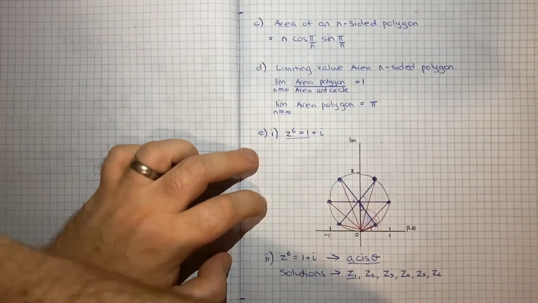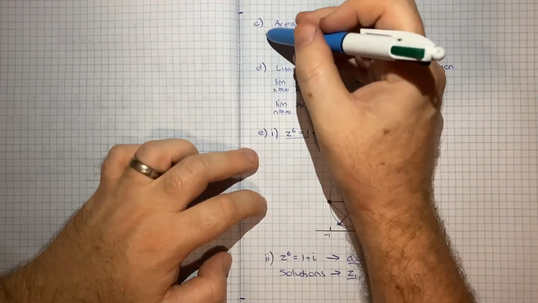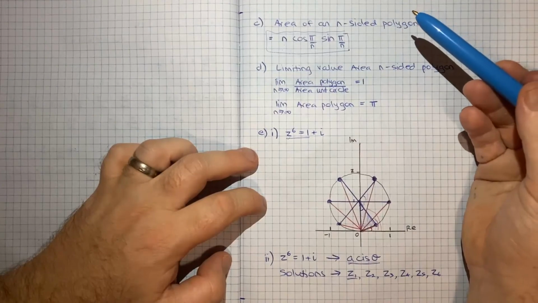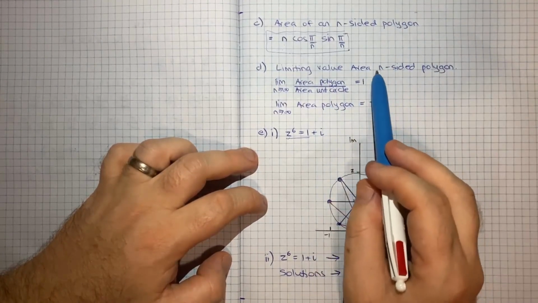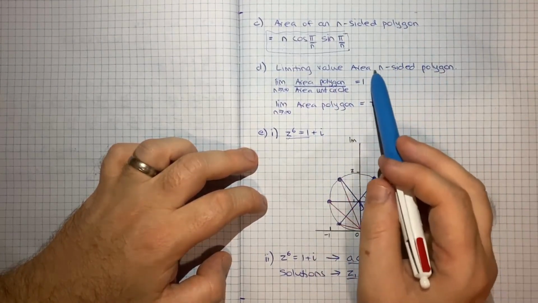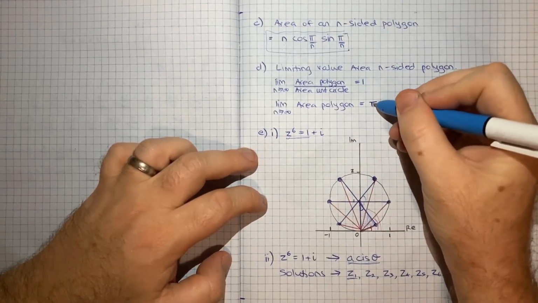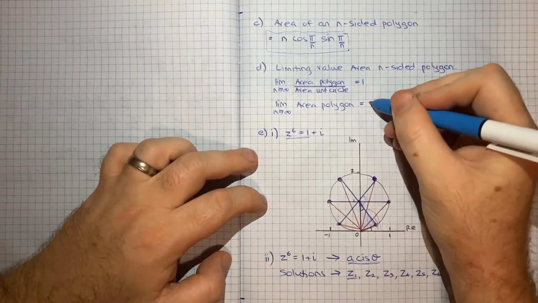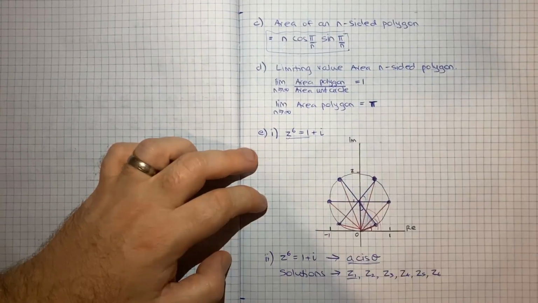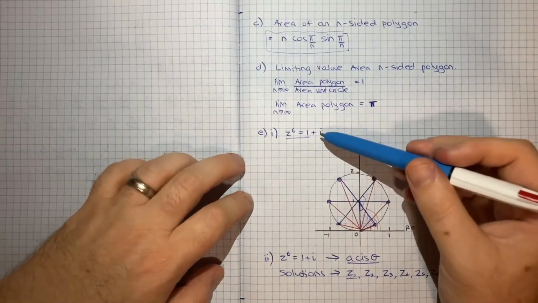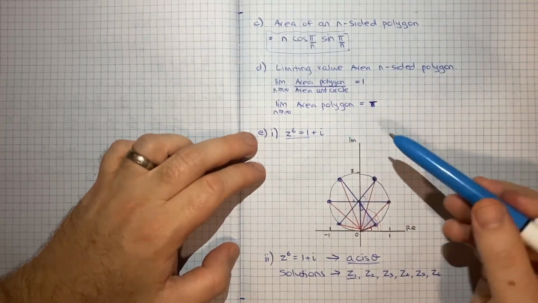You could take this result and commit it to memory and you might find it proves to be helpful. And to know that as the number of sides of a polygon gets bigger and bigger, you're just getting closer and closer to a circle effectively, or the unit circle anyway, in terms of your area.